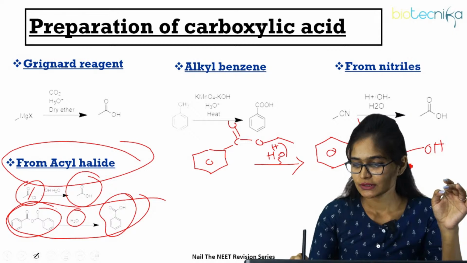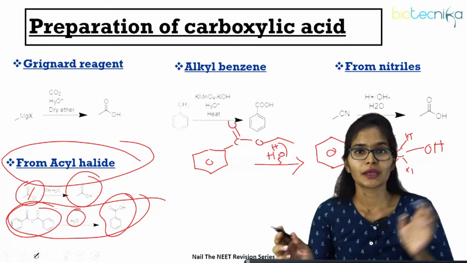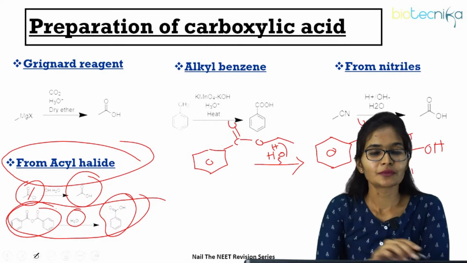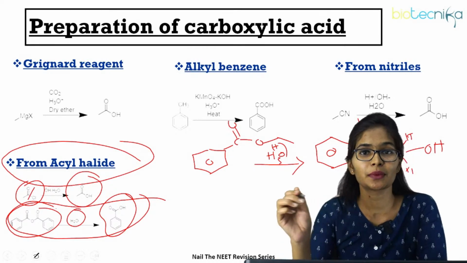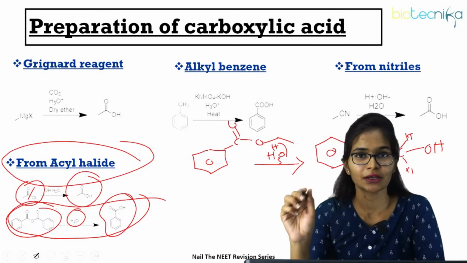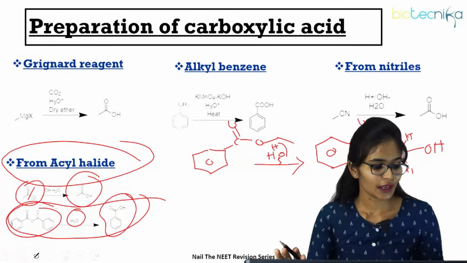So there will be two hydrogens over this, and here it will be carrying one methyl group. That's it. So apart from these four methods, we can prepare the carboxylic acid from esters also just by doing acidic hydrolysis.